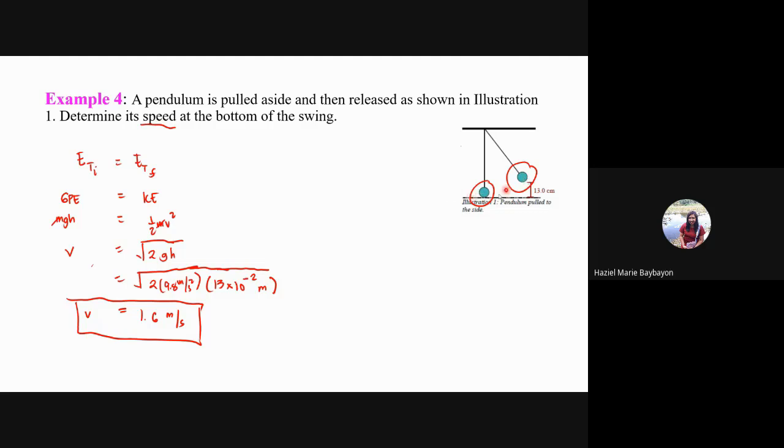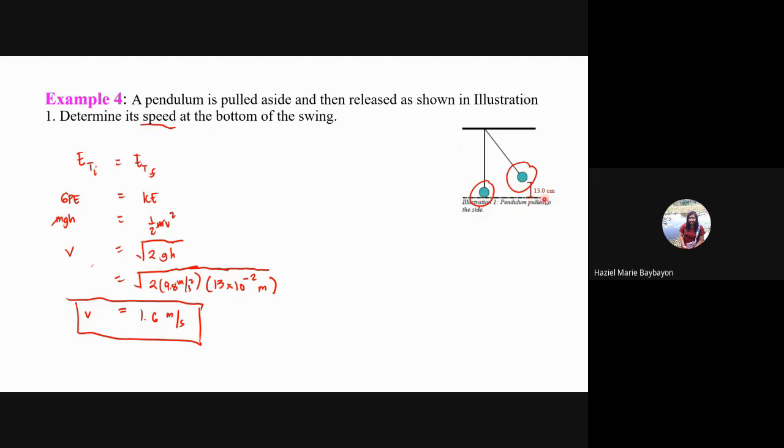Okay, so our goal is to find the speed at the bottom of the swing. So at this point. Okay, so again, we will use conservation of energy. So initially, it has GPE. And then at this point, it has kinetic energy.